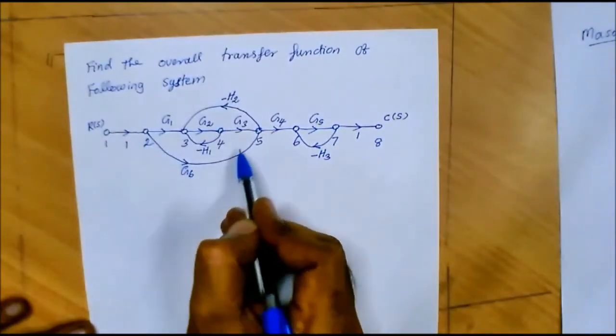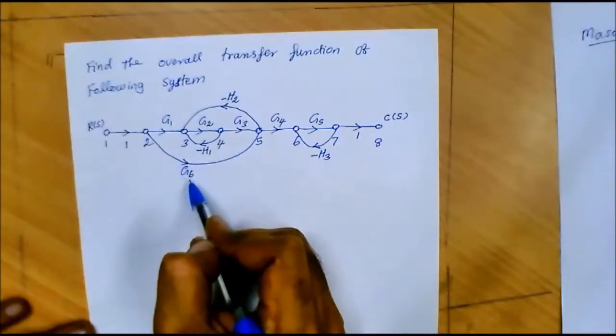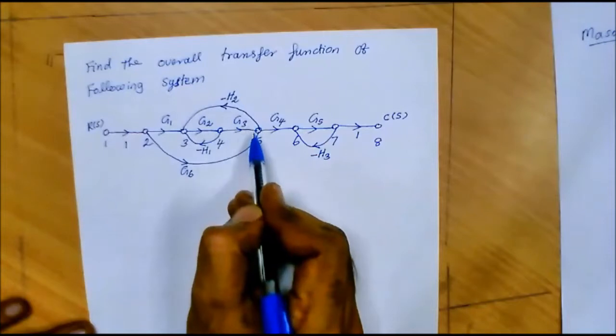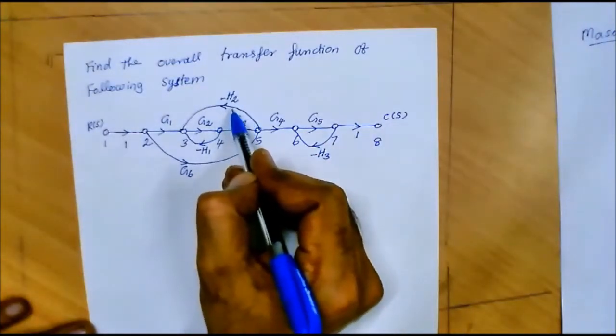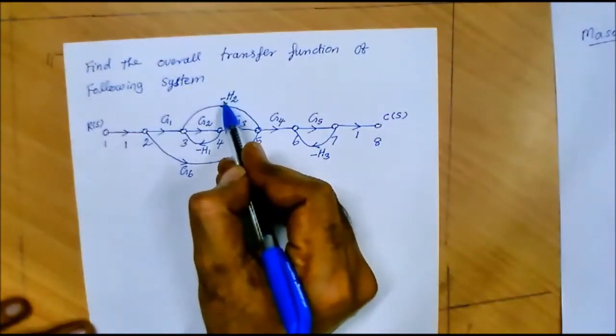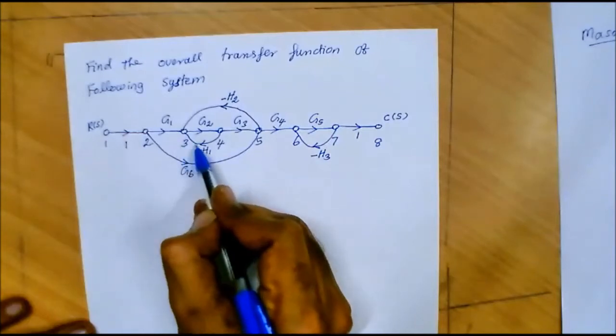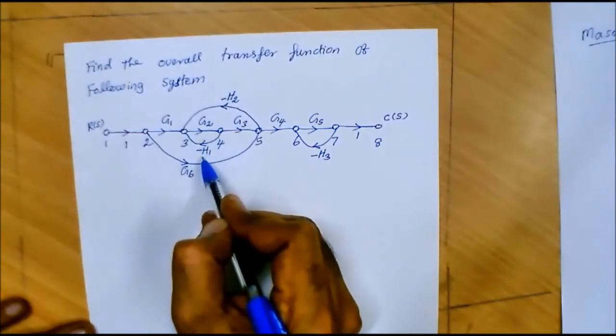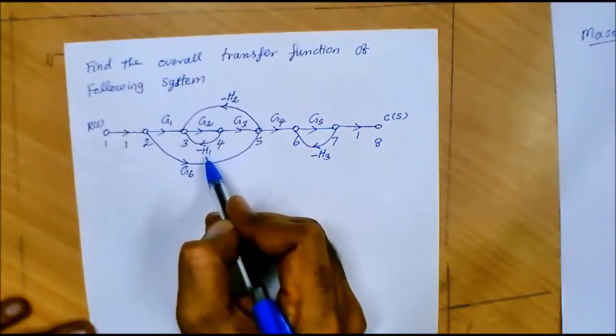Here we have a forward path with gain G6. Between node 3 and node 5 we have a negative feedback path, minus H2, and between 3 and 4 also we have a negative feedback path with gain minus H1.